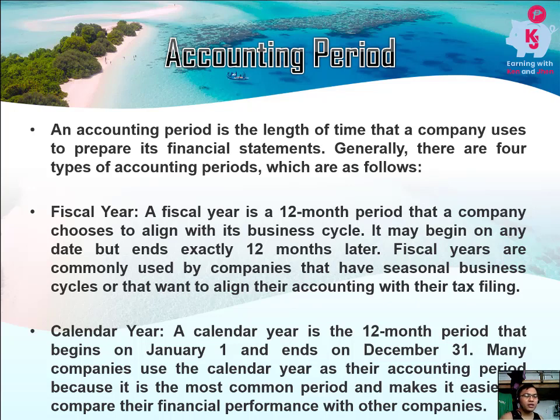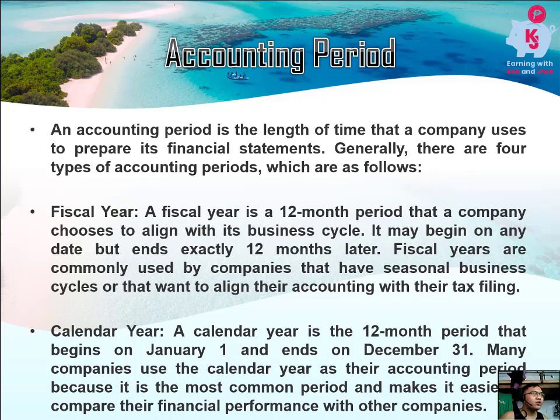So, that a company chooses to align its business cycle, it may begin in any month but ends in exactly 12 months later. Fiscal years are commonly used by companies that have seasonal business cycles and that want to align their accounting with their tax filing.